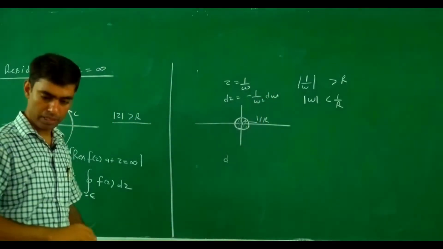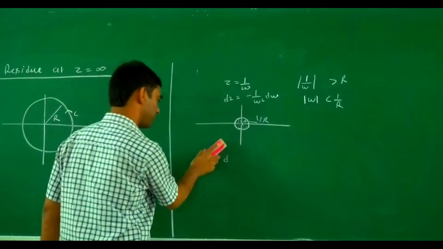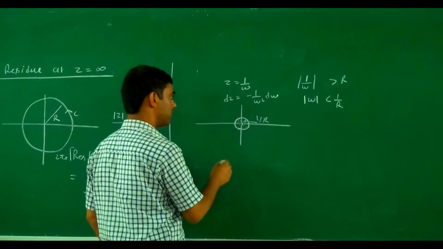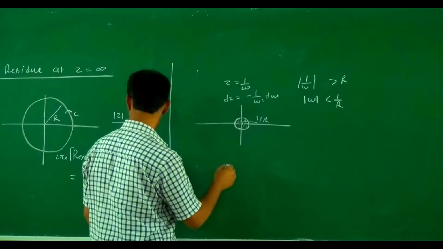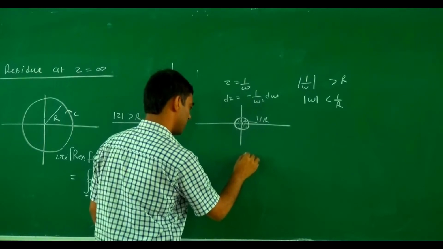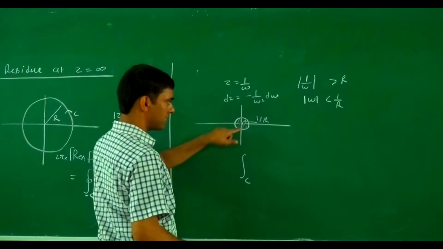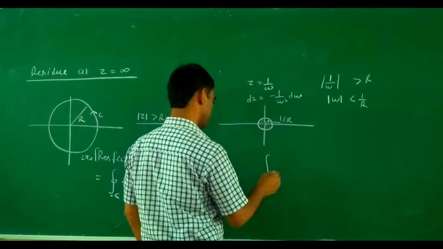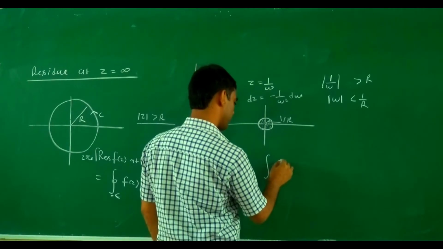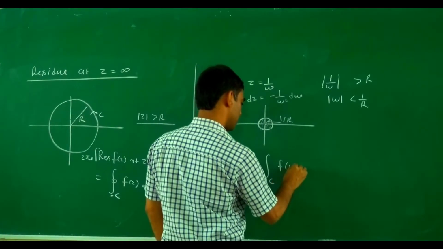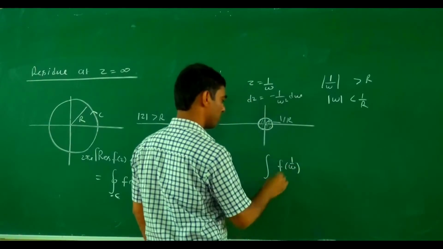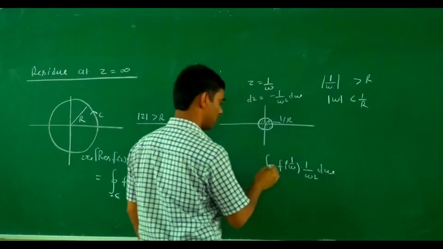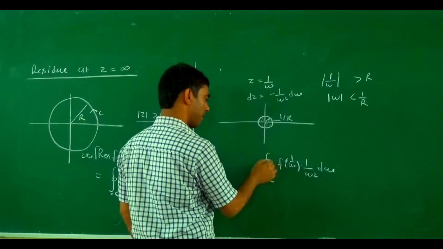So what is the value for this one? The value becomes the residue of f(z) at z equal infinity. This becomes the integral over C, and for this reason C becomes positive. So the value becomes f(1 upon w) with z equal 1 upon w, times 1 upon w square dw, with a minus sign.